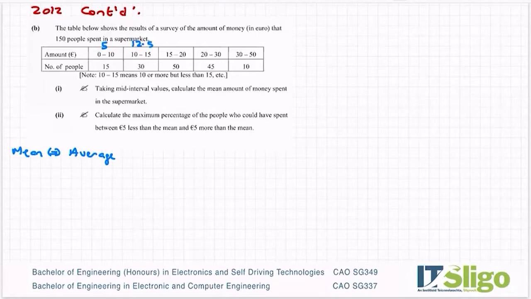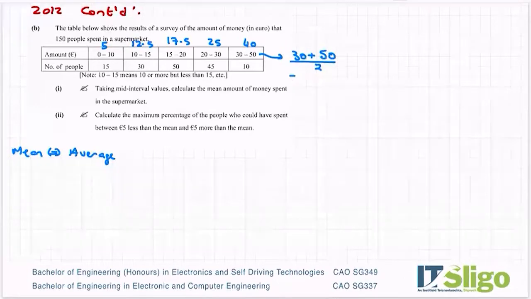15 to 20 would be 17.5. 20 to 30 would be 25. 30 to 50 would be 40. Okay, and if you can't work that out in your head, what you do is you go 30 plus 50, so you go the two extremes and you divide by 2.